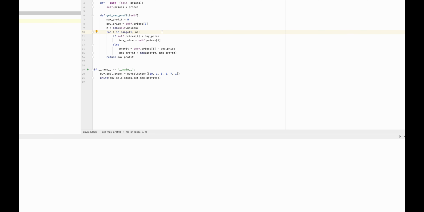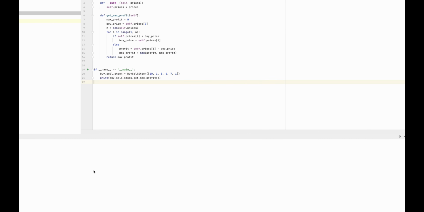Then I start from position 1 in the array and start comparing. If the price on that particular day is less than my buying price, I'll update the buying price. Otherwise I will calculate my current profit, assuming that the current price is going to become my selling price, and then compare it with my max profit, and if the profit is more than my max profit, I'll update max profit.